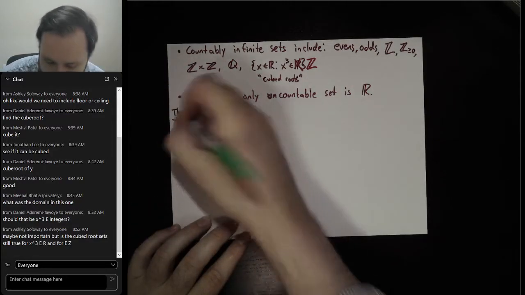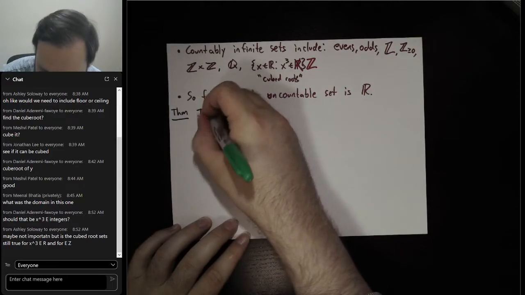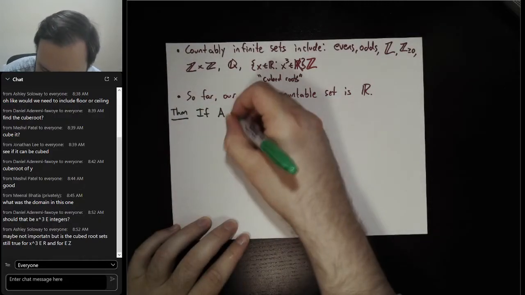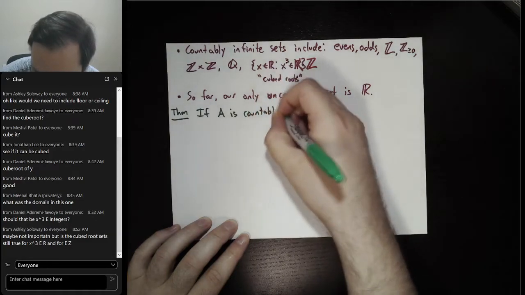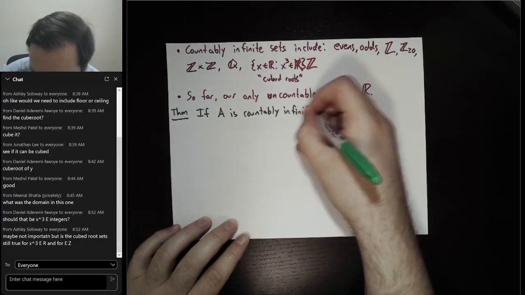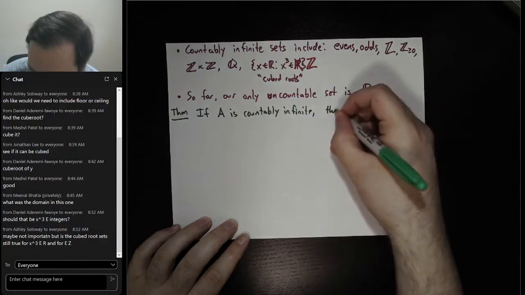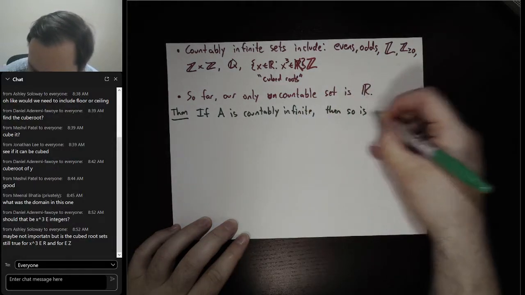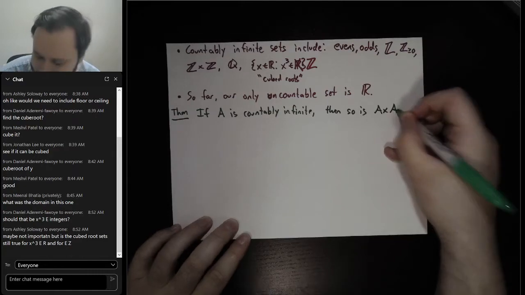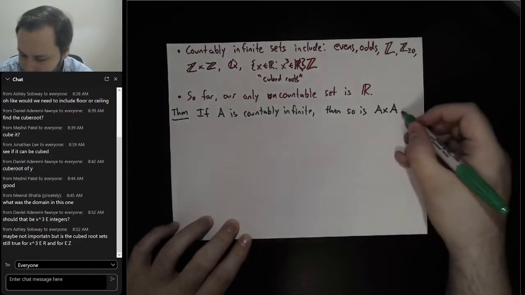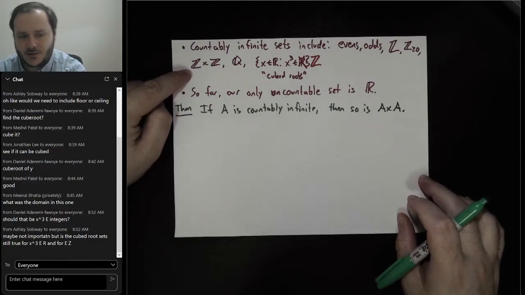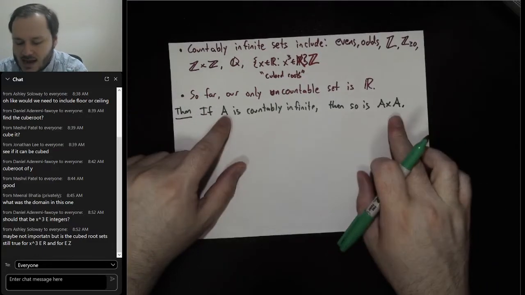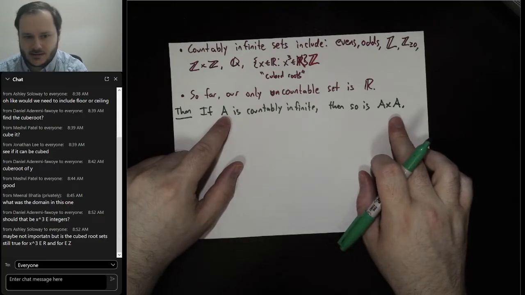So, theorem: if A is countably infinite, then so is A cross A. So we saw this for the integers. It's true for any countably infinite set.